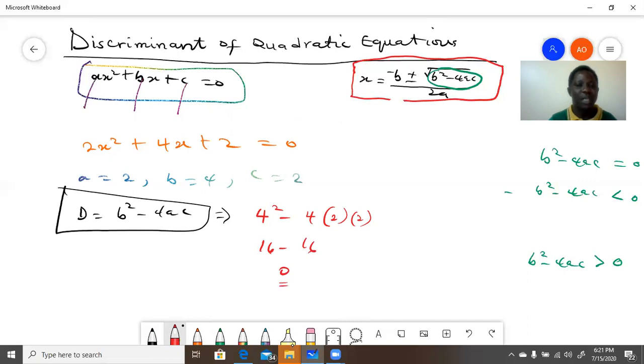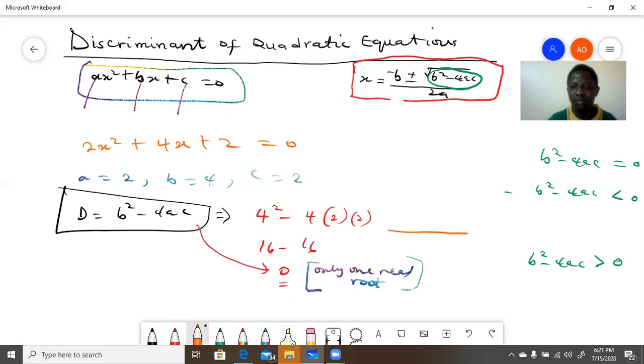So our discriminant is 0. When the discriminant is 0, it signifies that we have only one real root. It means your quadratic equation will produce only one real root, and the graph of the equation will take this shape.